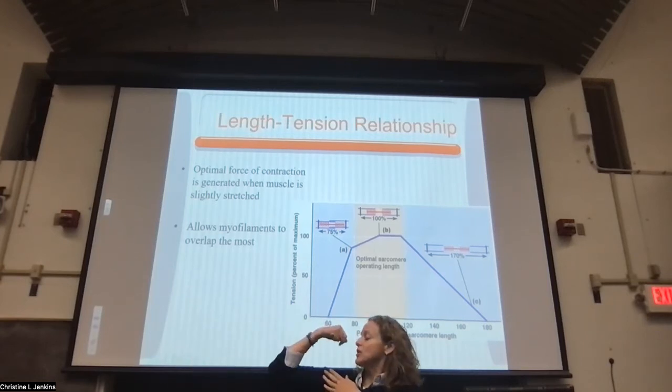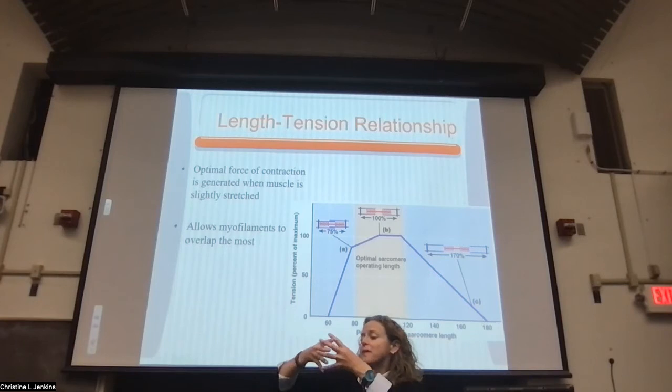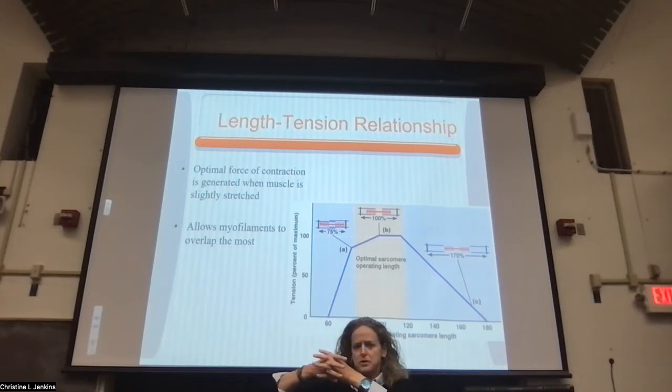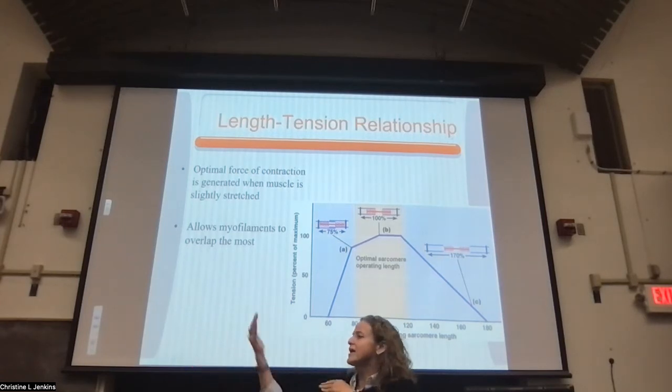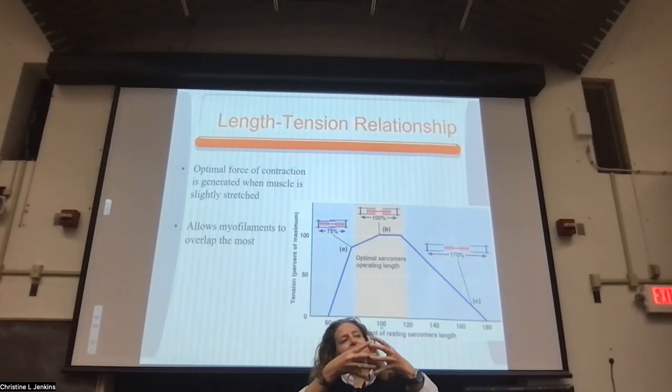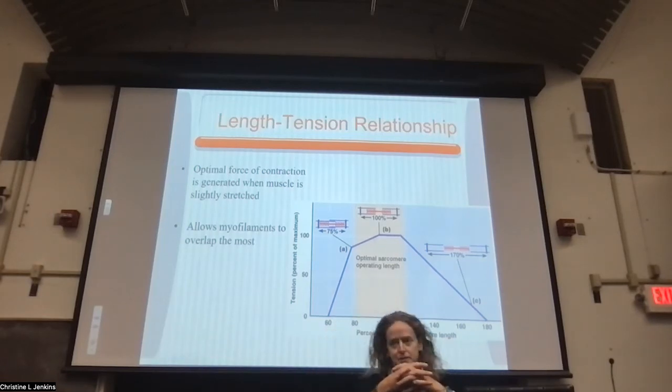When I'm here, the actin and myosin are already overlapped quite a bit, and there's not much more for them to go. So when you're in mid-range, your actin and myosin are not too far apart, not too close together.